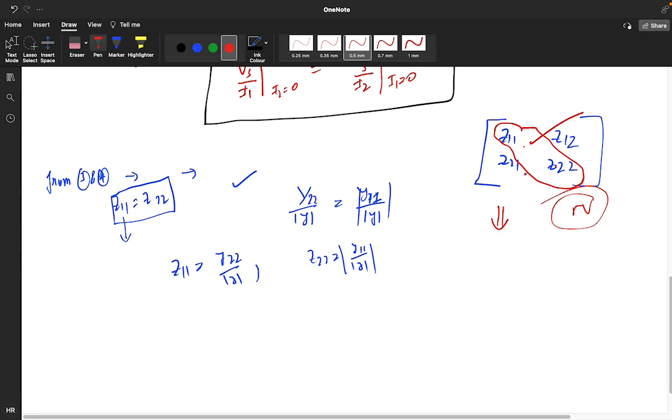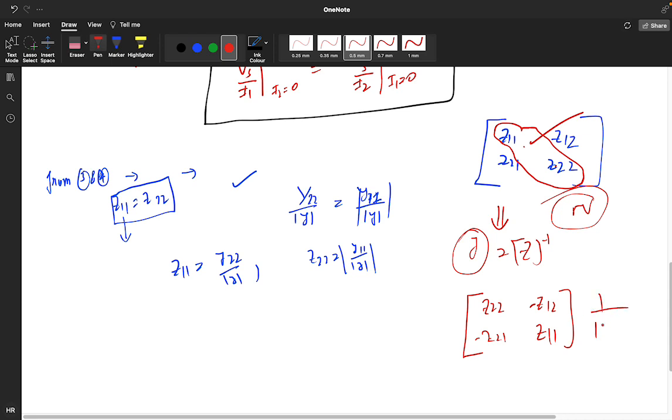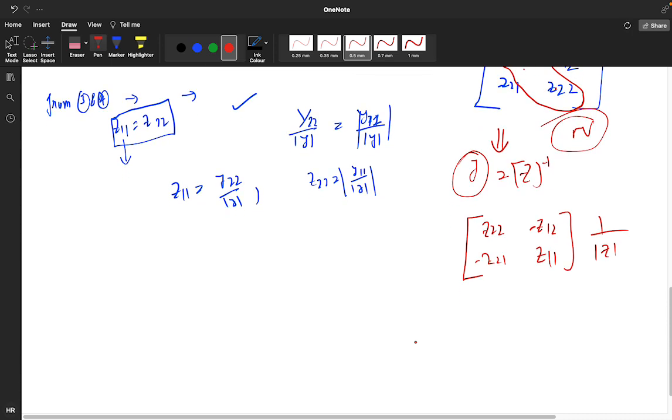And while converting Z11 into Z12, Z21 into Z22, what I said to you: if you want to convert this matrix into a Y matrix, the Y matrix is the inverse of Z, right? So 1 by Z: Z22, Z11, minus Z12, minus Z21, divided by the determinant of Z. So this is Y11, Y12, Y21, Y22.